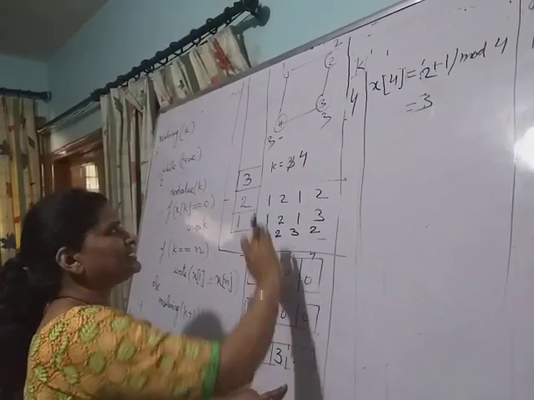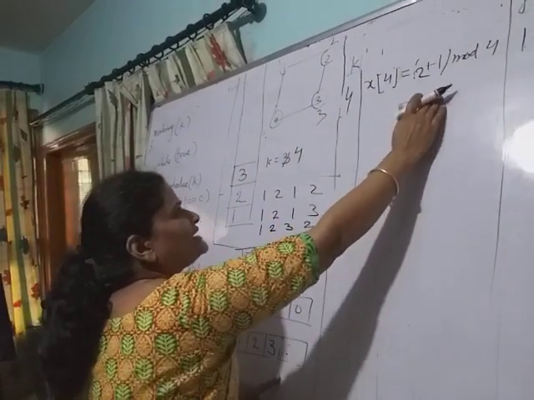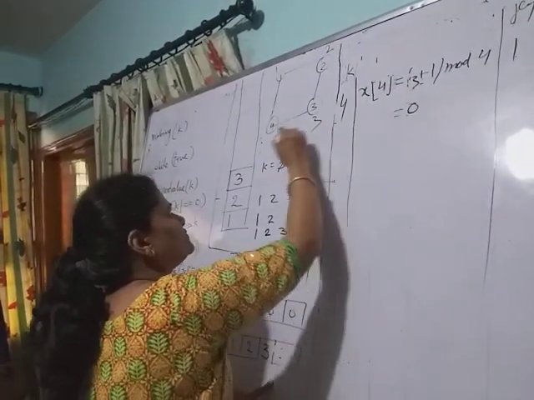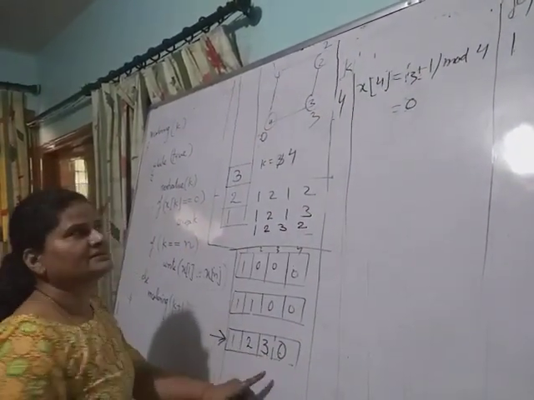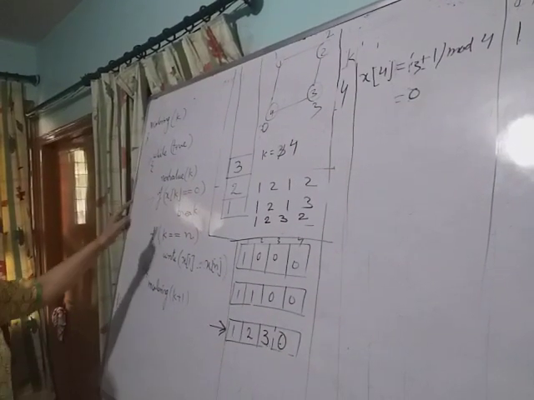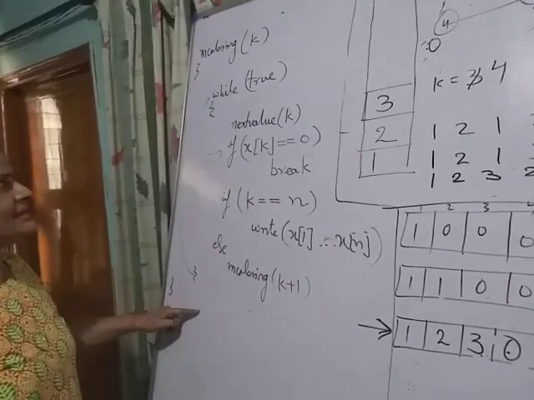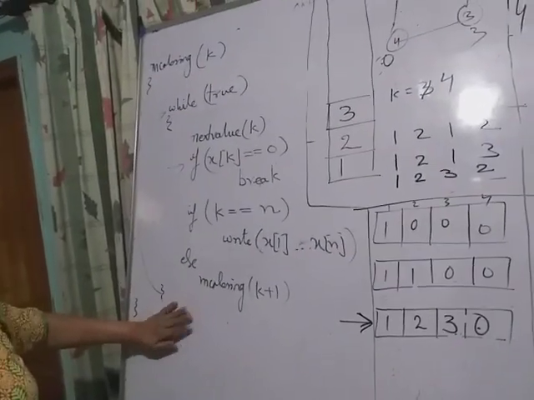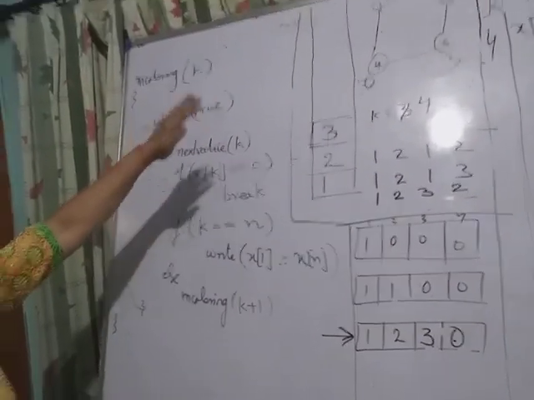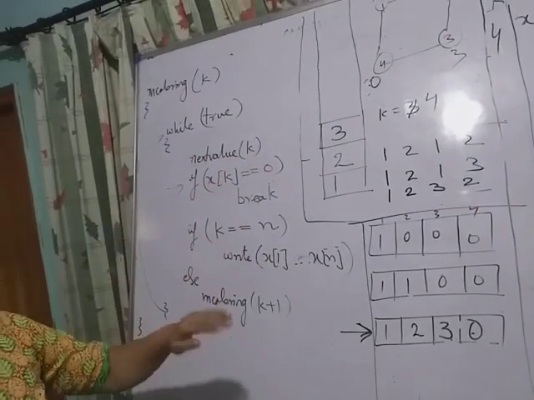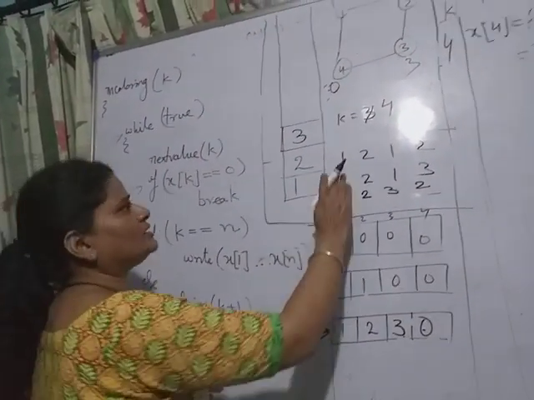And there are only 3 colors. So after that 3 plus 1 mod 4 is 0. So here it is 0. And when xk is 0, it will come out from this loop and the function will terminate, and the stack will be checked whether it is empty or not.